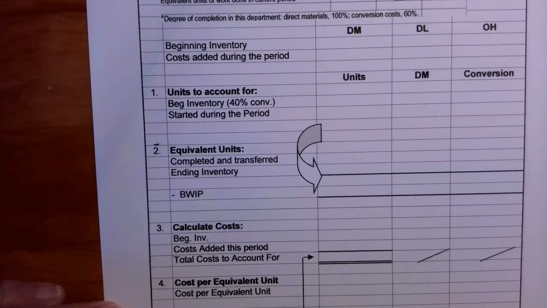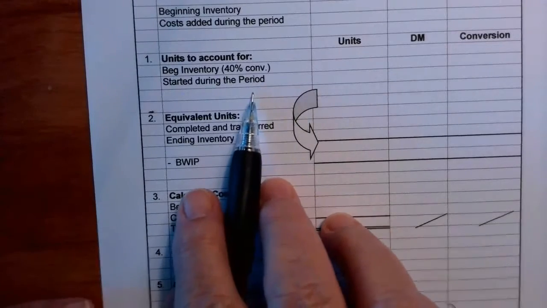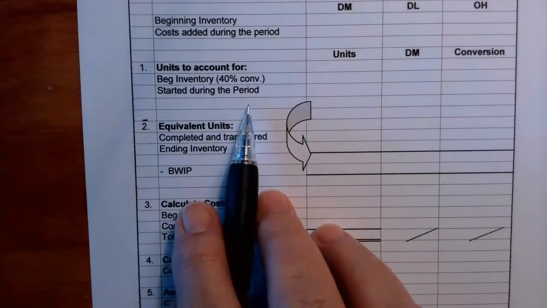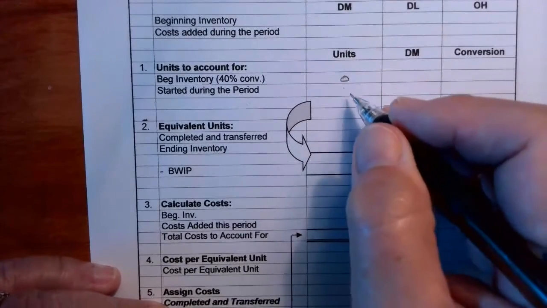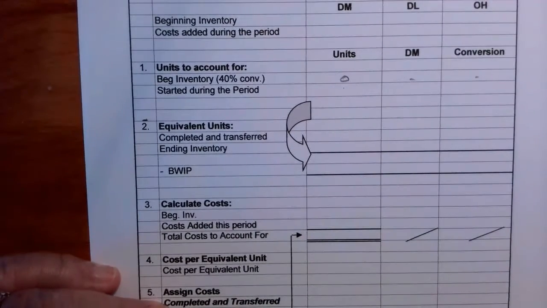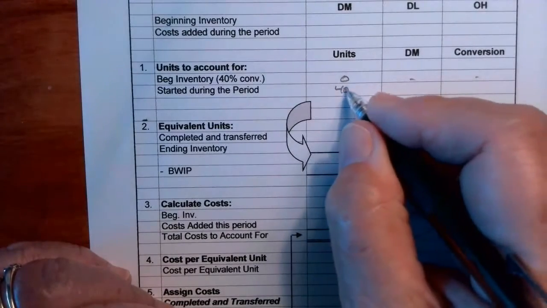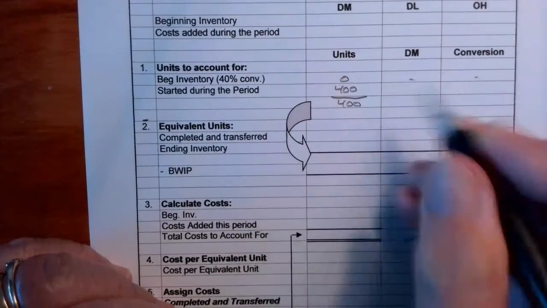I'm going to start right here. Our beginning inventory in this case is 0, so 0 units, and naturally nothing for materials or conversion. During the period, they started 400 units, so we have 400 units to account for.